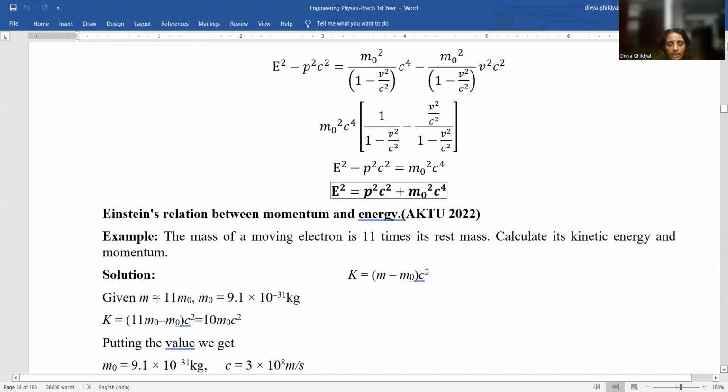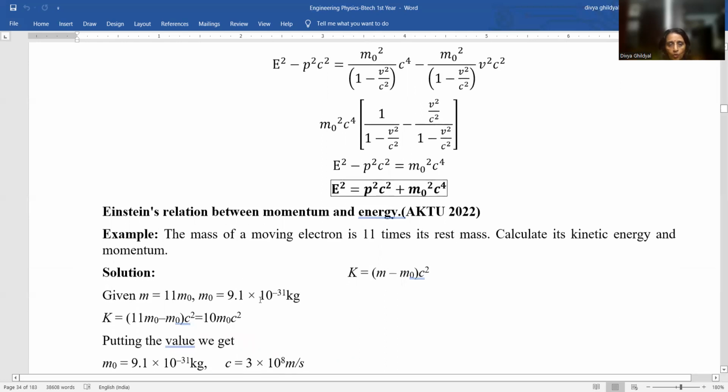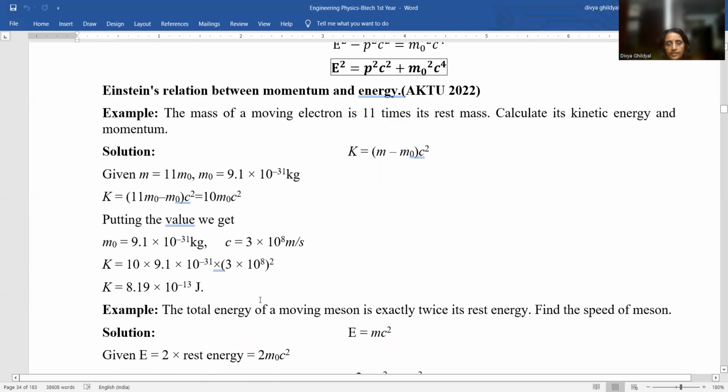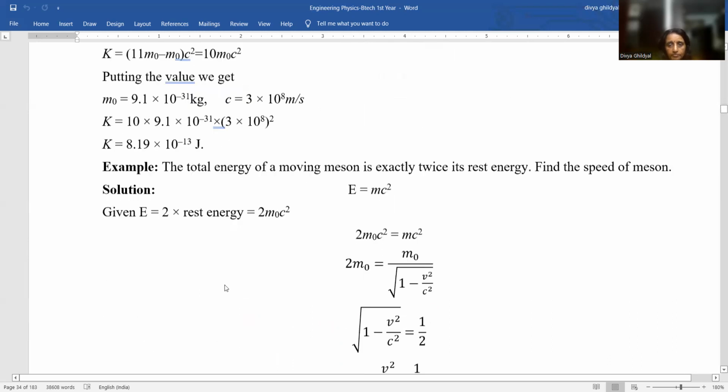We have been given M equal to 11 times M naught, and M naught, that is the rest mass of the electron, is 9.1 into 10 to the power of minus 31 kg. At times in the question paper, if the constants are not given, then please apply them on your own, or you leave the answer in terms of constants. So we put this value in this expression and we get the answer.